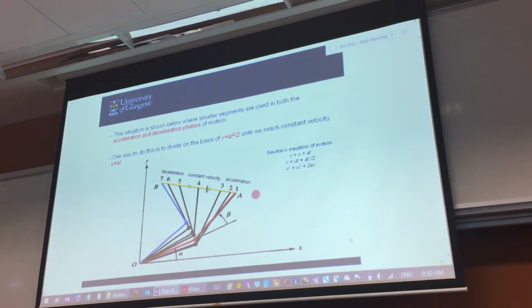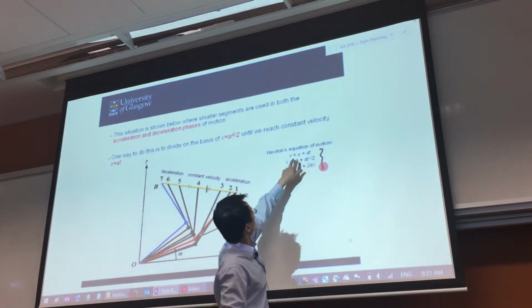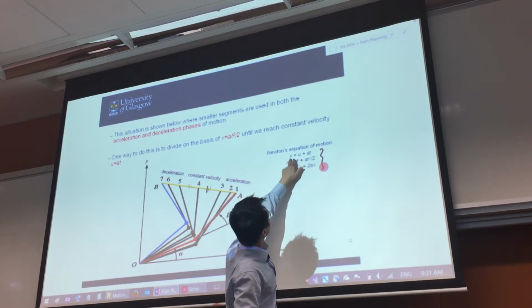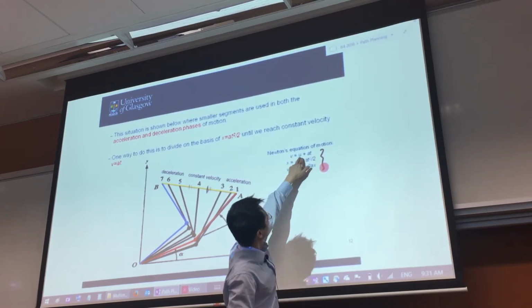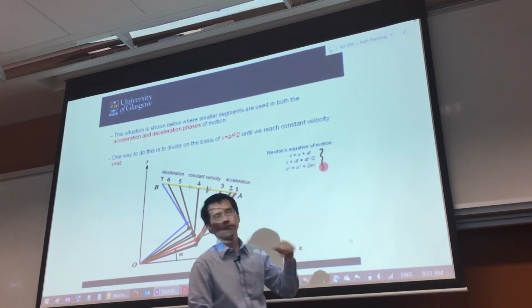And I want to highlight Newton's equations of motion. If you remember the three equations of motion, you have this part here: final velocity equal to initial velocity plus acceleration multiplied by time.